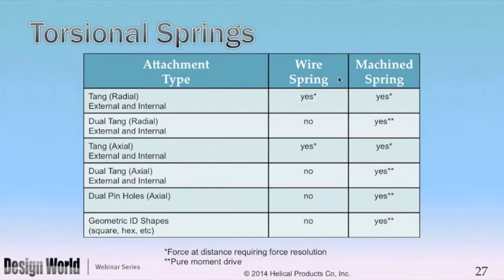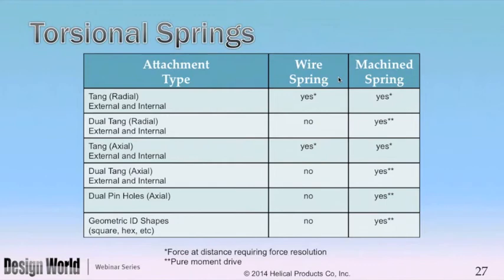And we're going to talk about torsion springs for just a moment. We talked about attachments for compression springs, but in torsion springs, the limitations for wire spring is pretty high. They do have a tang. It's a radial tang. It's internal, external, and they're available.